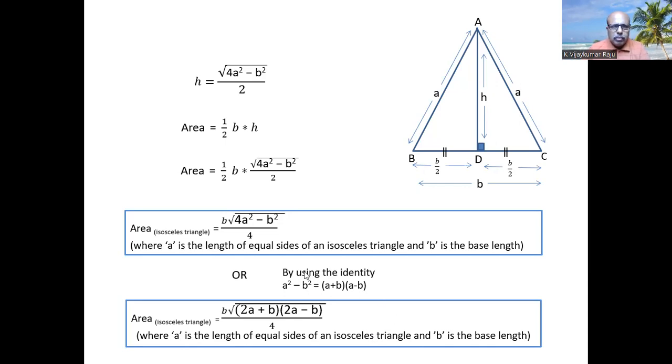Okay, so the area of an isosceles triangle, where a is the two equal sides and b is the base length, can be written either in this form or in this form, depending upon our convenience. This is easier, so that you can simply add and subtract.